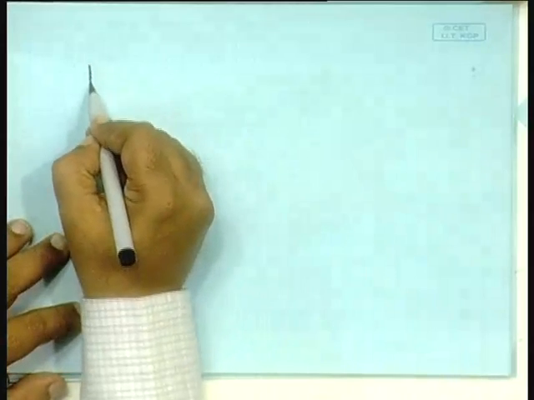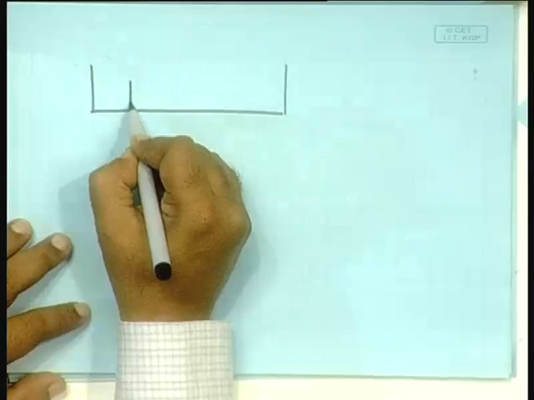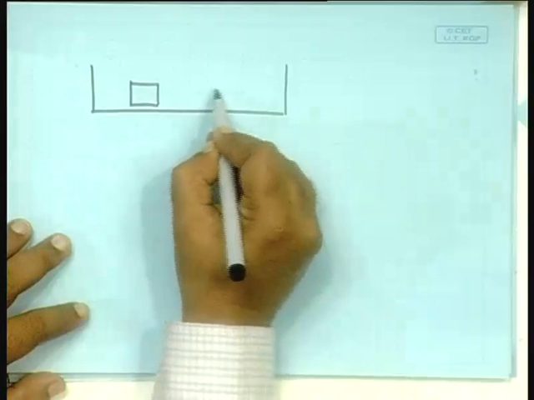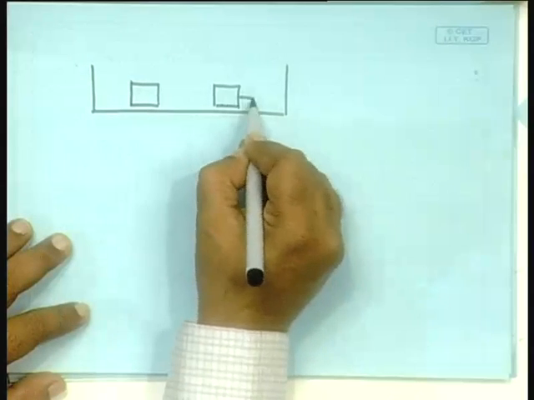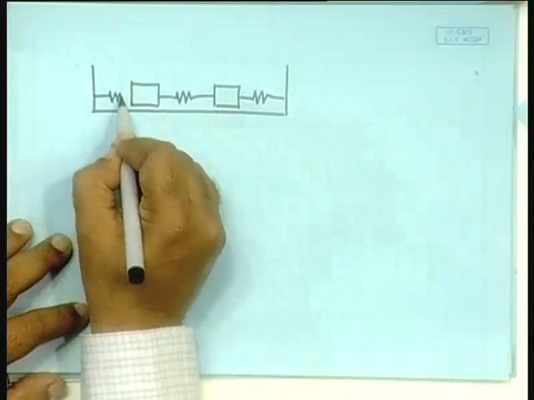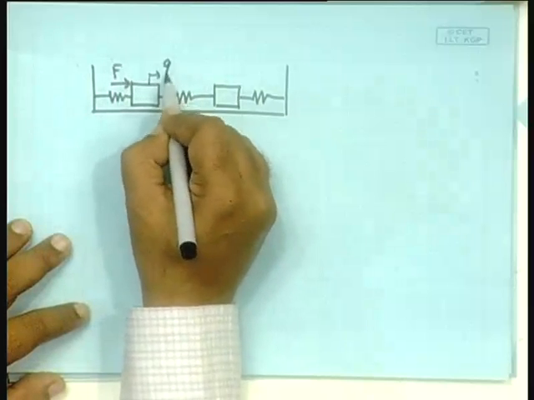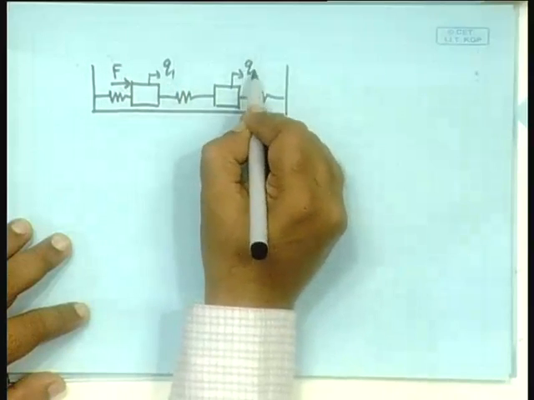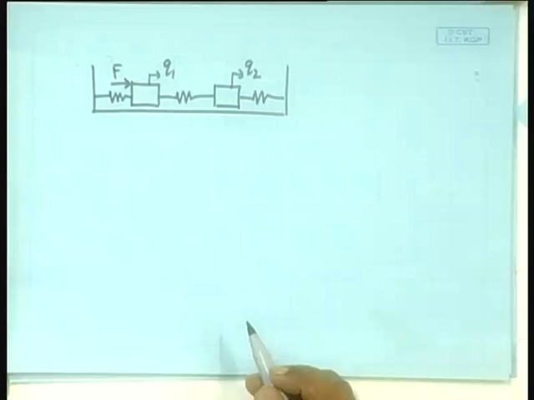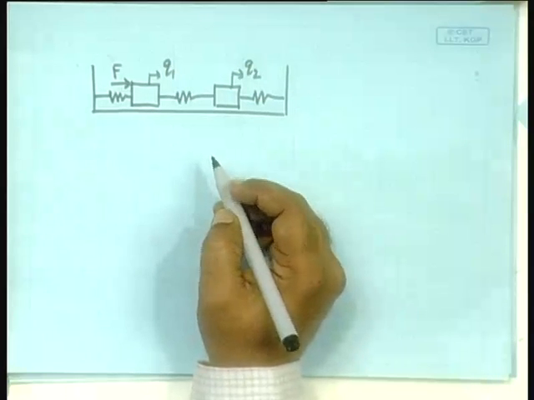Now, we are talking about a system where there is a force applied here, F. Here this is Q1 and here is Q2. We have already written the rest of it.